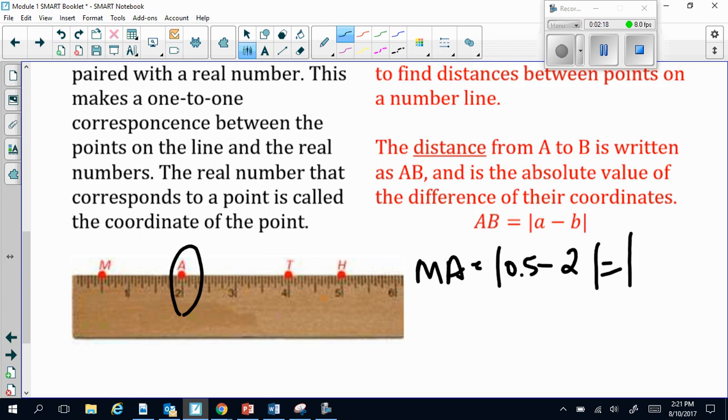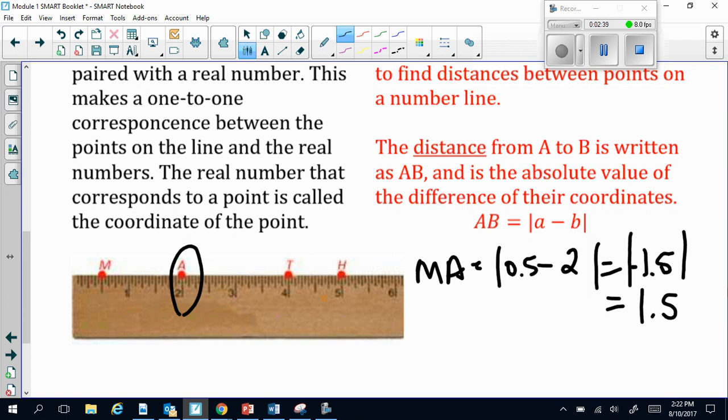When I do that subtraction, I get negative 1.5. And when I do the absolute value of that, I get 1.5. So this MA means the distance from M to A is 1.5, and our units here were inches.